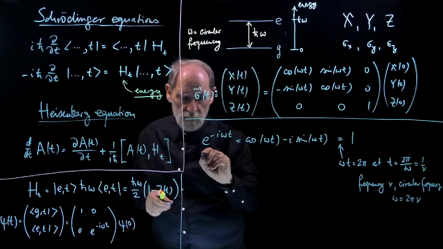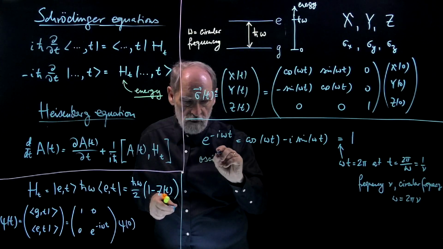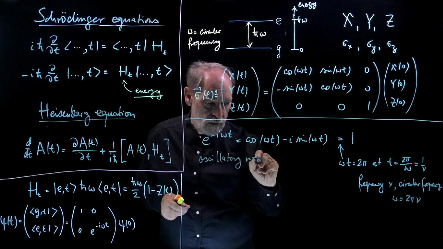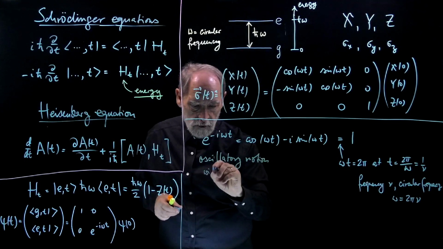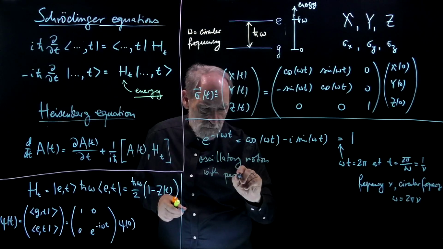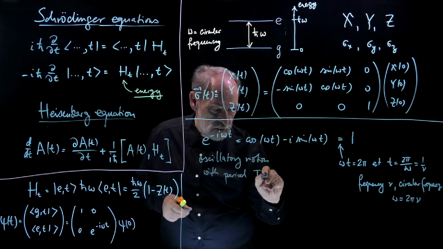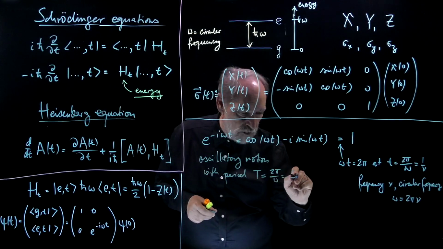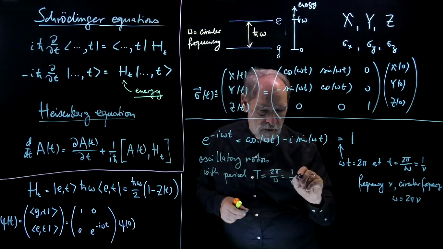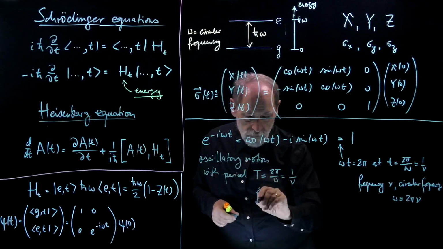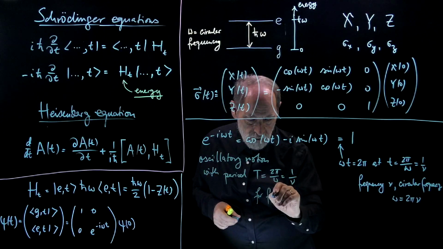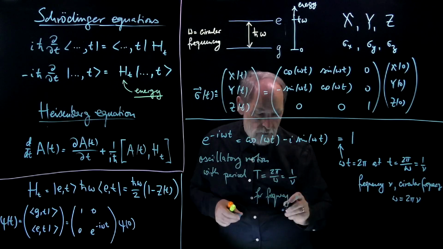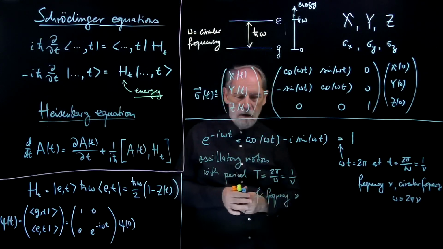So this has oscillatory motion with a period capital T, 2 pi divided by omega, which is 1 over the frequency nu.